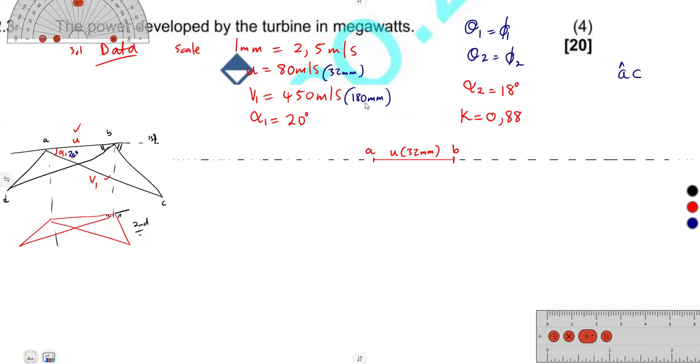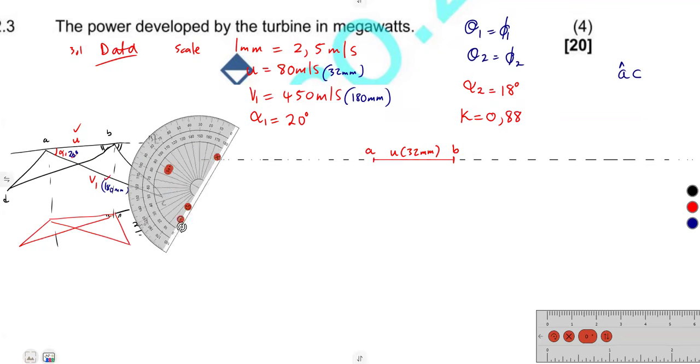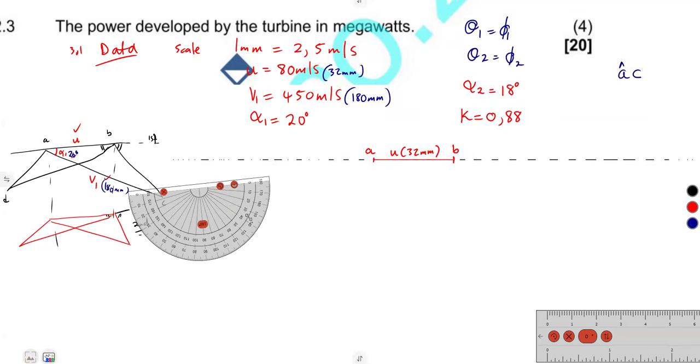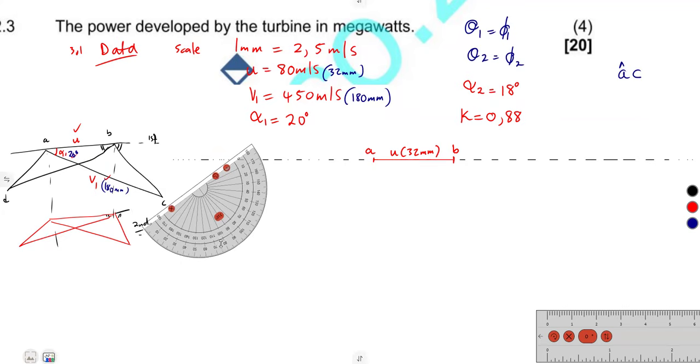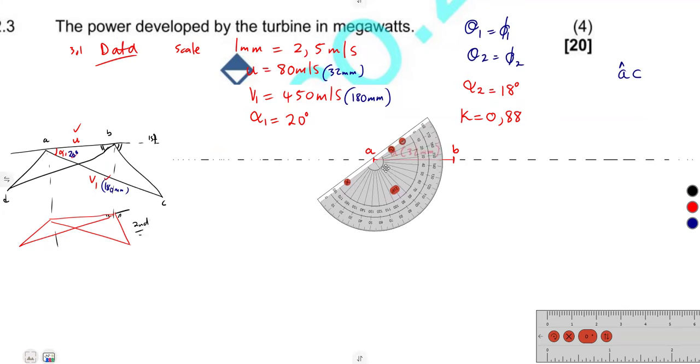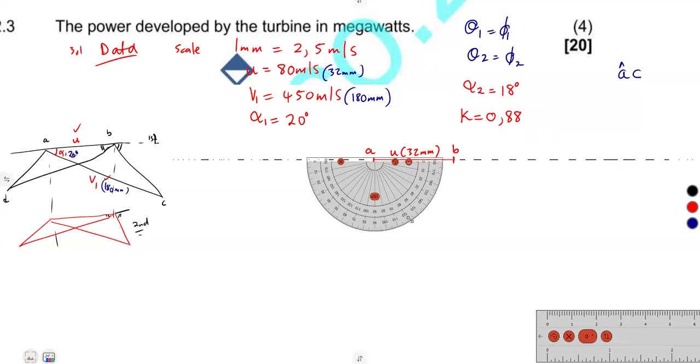We measure V1, which is what? 180 millimeters. So this one is direct from A like that. So you're going to measure the angle from A, 20 degrees from point A.